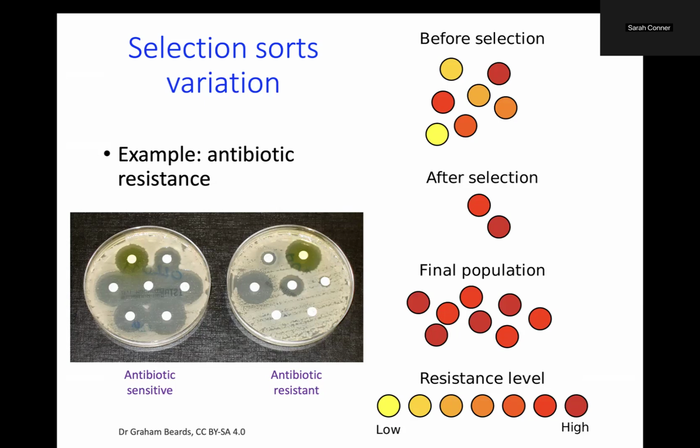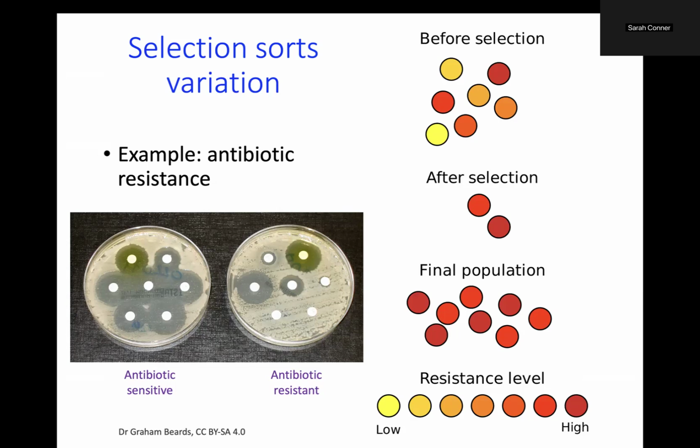What this is based on is that the bacteria itself at one point has a variation of what's resistant and what's not. When we include an antibiotic, it clears out the bacteria that lack resistance. It kills all the ones that have no resistance whatsoever, and we're left behind with the ones that are more resistant. So this is how this process is working.